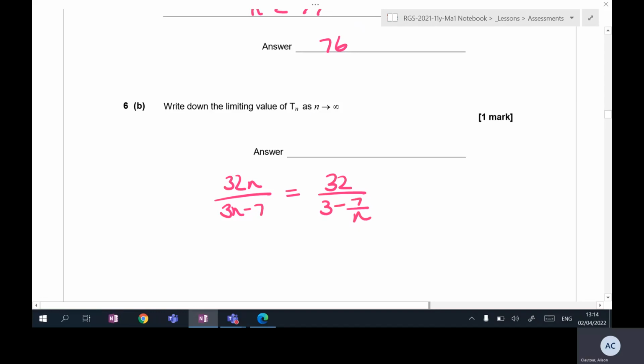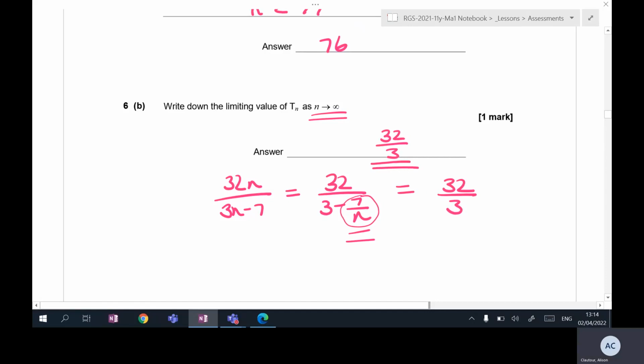Now, if n is tending to infinity, as n gets really, really big, 7 over n becomes really, really small, so almost 0, which means we can ignore this term because it will be negligible. So that means your limit is 32 over 3.